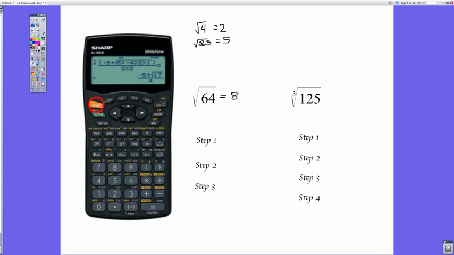So it's your second function button, and then you're going to press the square root button, because above it in orange writing, you can see it should have the cube root, a little 3 with that tick symbol. So you're pressing the cube root of whatever your number is, and you get your answer. In this case, the cube root of 125 is going to be 5.